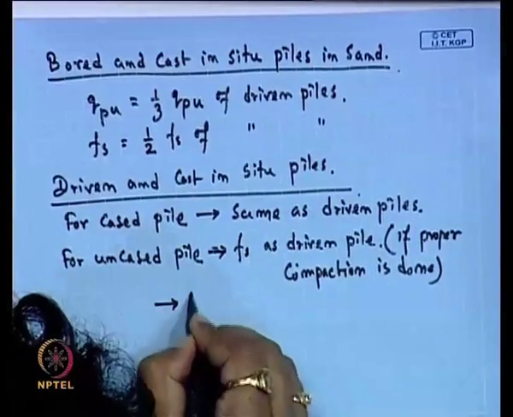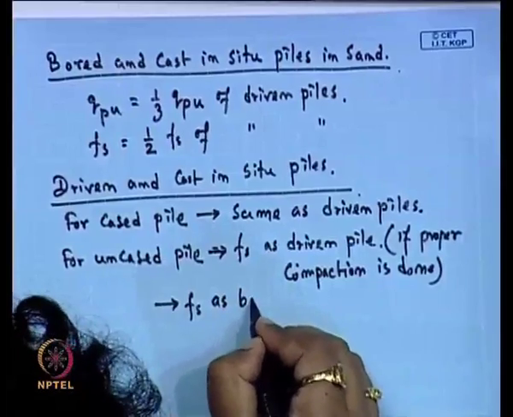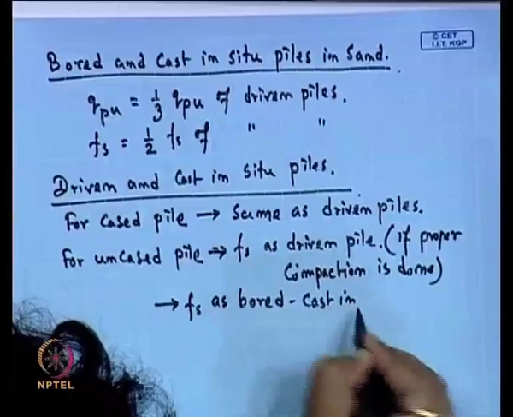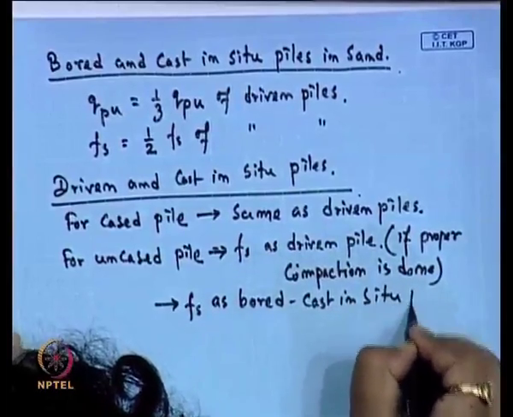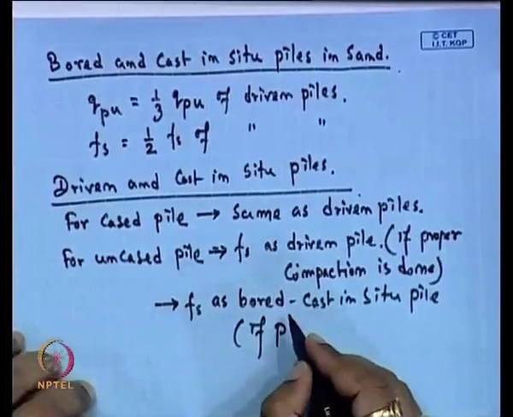Or we can take f_s as for the bored cast in situ pile if proper compaction is not done.